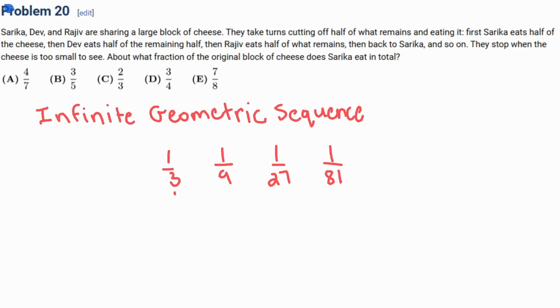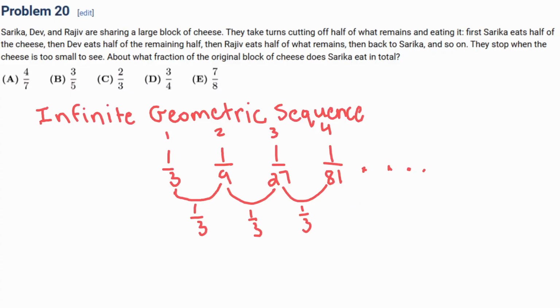So let's say this is the first element, the second element, the third element, and the fourth element. The common factor between these is 1/3, again 1/3, and 1/3. This will keep on going, however long this geometric sequence is. But if it's infinite, this will never end. Essentially this will keep on multiplying by 1/3 forever.